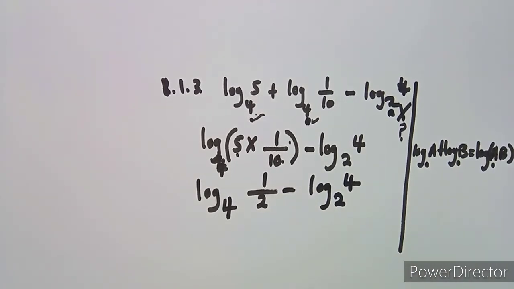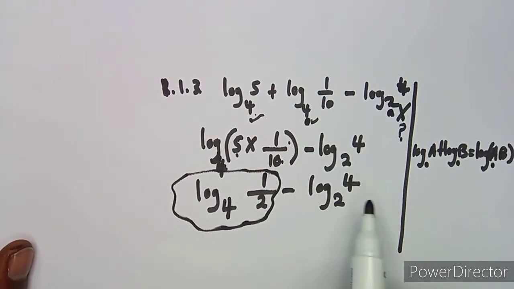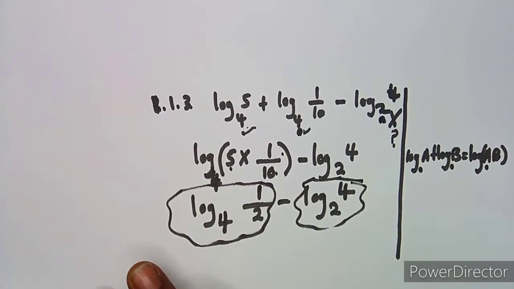So at that stage, there are so many ways of calculating and simplifying this question. We can make the bases the same, but that would be something else. We can simplify this separately, obtain an answer, then simplify the other separately. So that is what you're going to do.